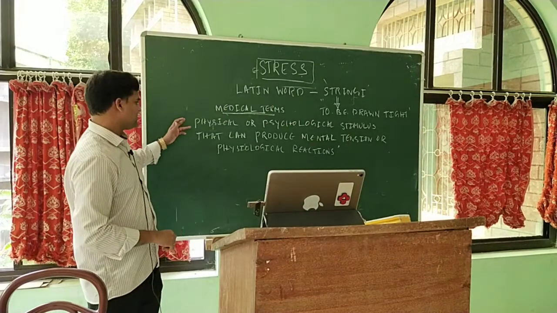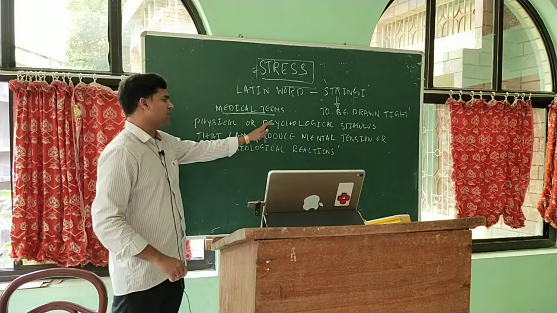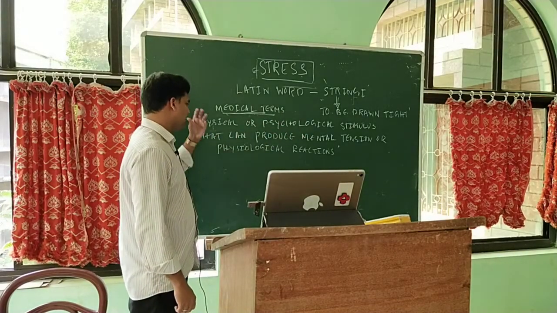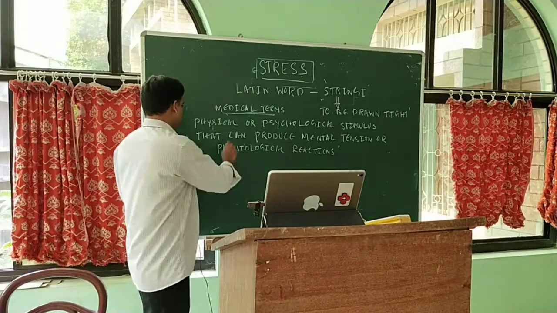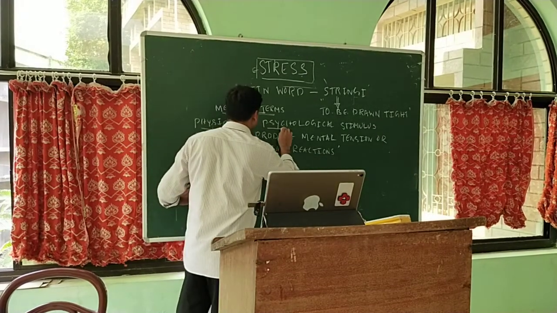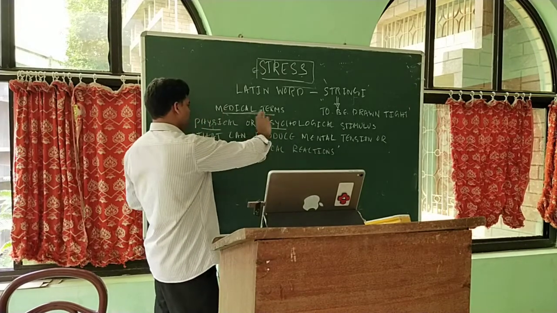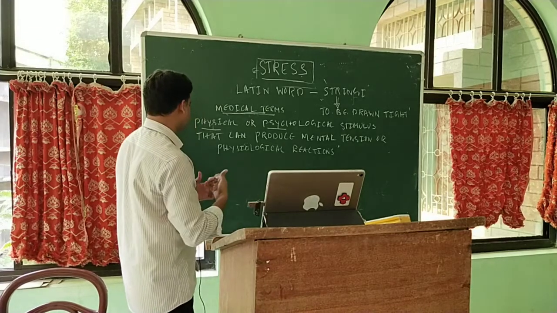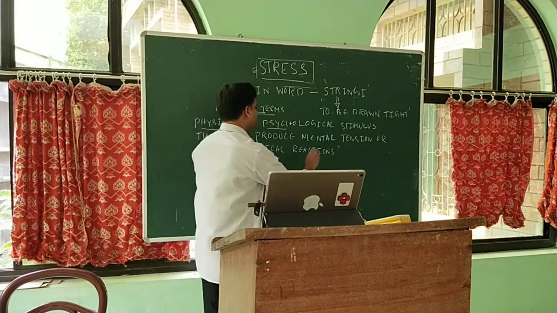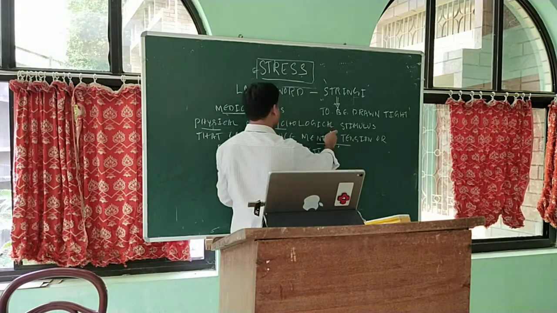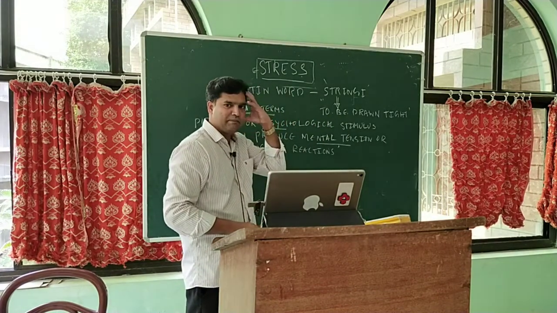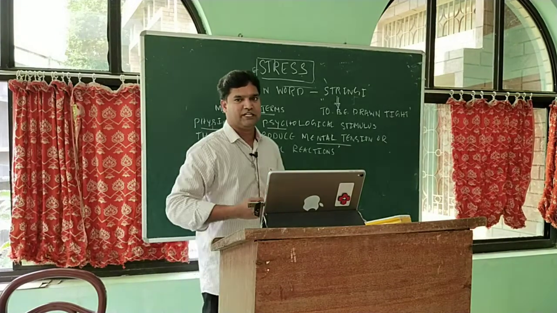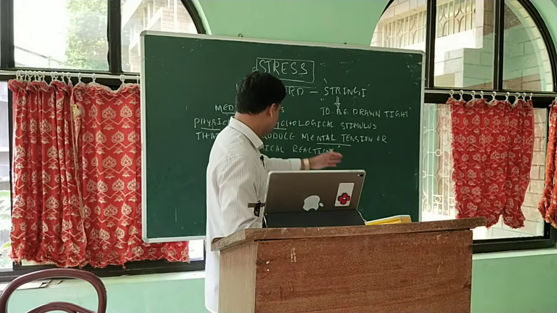In medical terms, stress is described as a physical or psychological stimulus that can produce mental tension or physiological reactions. So physical and psychological, my body and mind. A stimulus from outside or inside can produce mental tension, mental pressure, or a physiological reaction, tensions or sickness in the body.